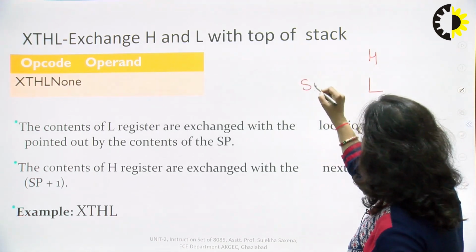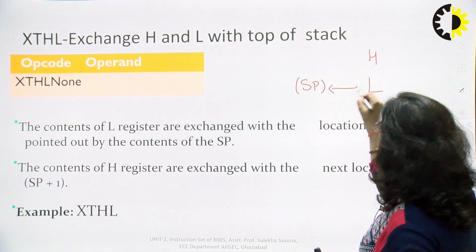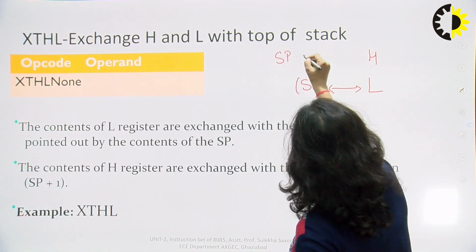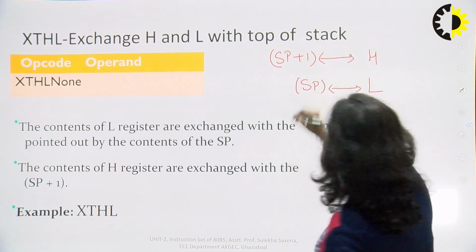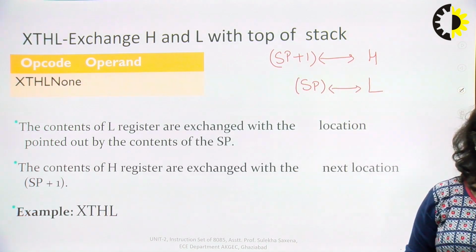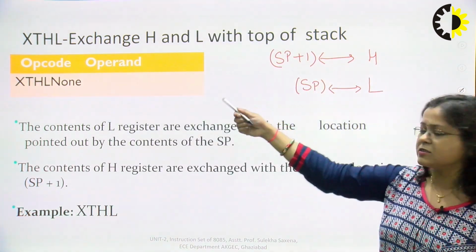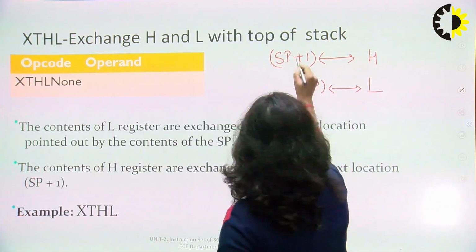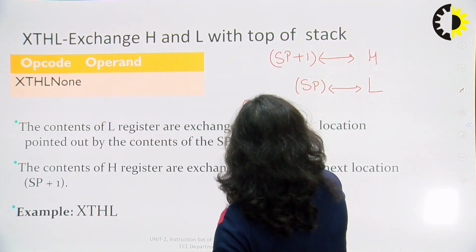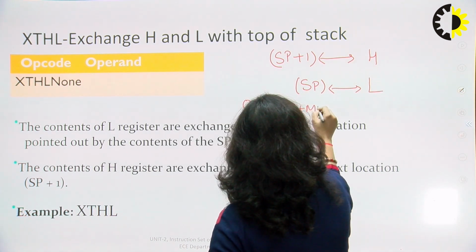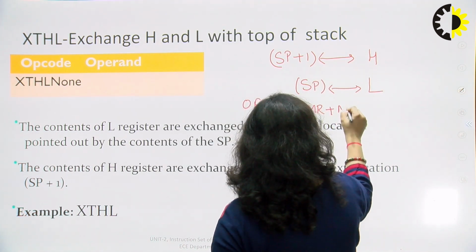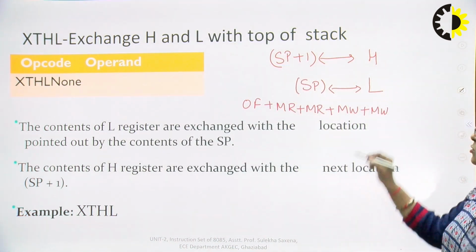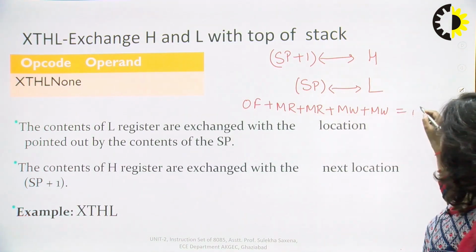So, the content at SP will be exchanged with L and SP plus 1 will be exchanged with H. When we talk about size, it's 1 byte, but the machine cycle consists of 2 reads and 2 writes. So, opcode fetch plus 2 memory reads to read the content of SP and SP plus 1, and 2 writes to write the content in SP and SP plus 1 locations. So, the total T states will be 16.